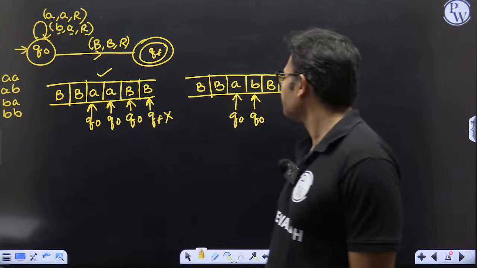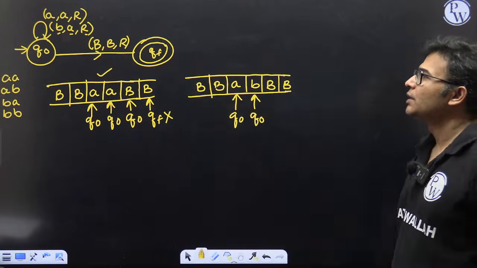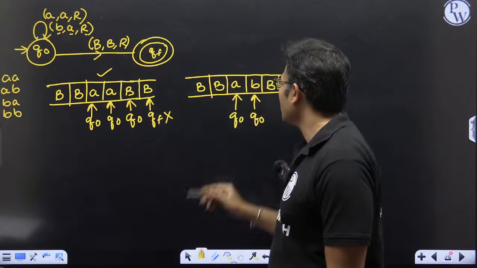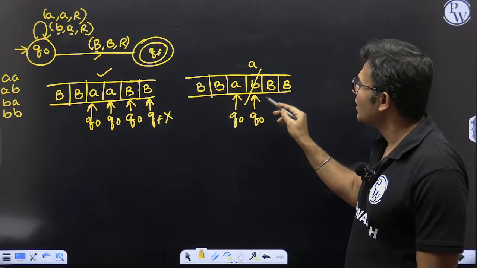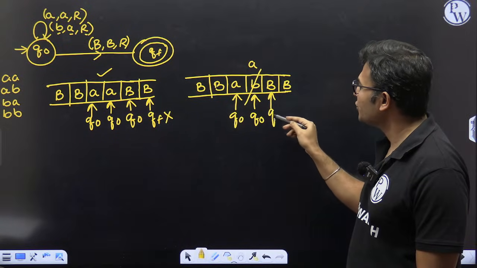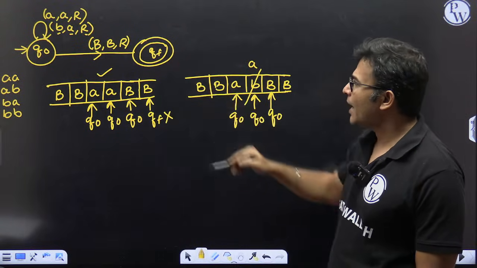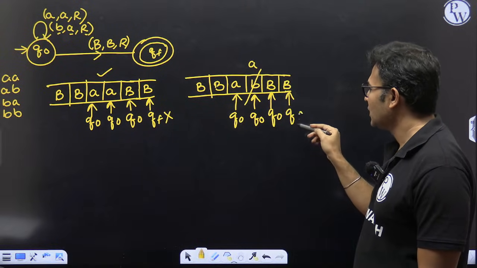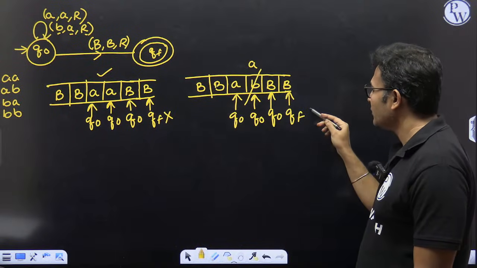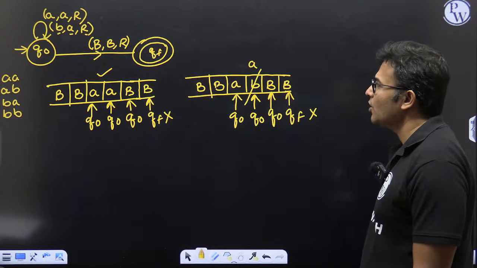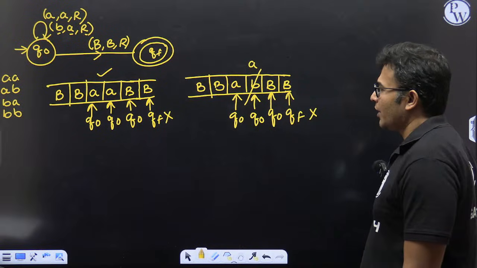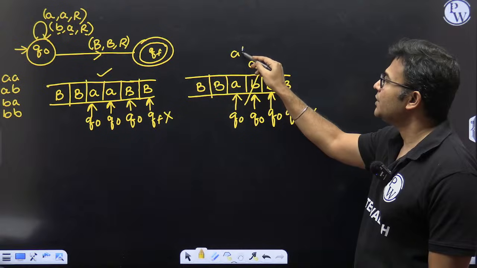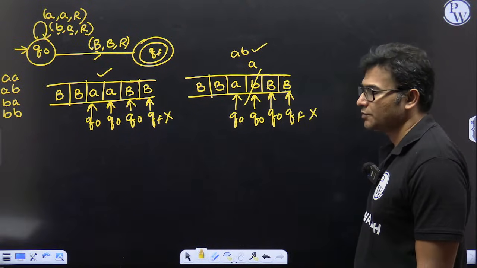And Q0 on B, if you observe it, B is changed to A and then we move right into Q0 only. Now Q0 on blank is moving right, keeping blank as it is, and entering QF. Now in QF nothing is defined, so the machine will halt in the final state. Therefore, the input is not AA, it is AB, and AB is accepted, right?